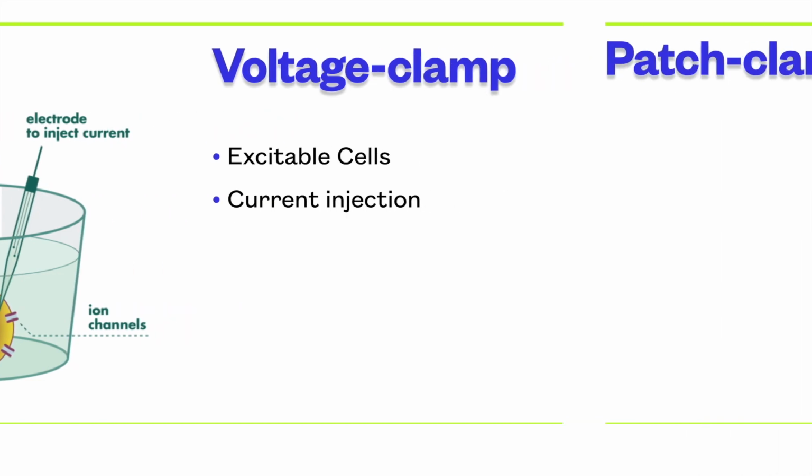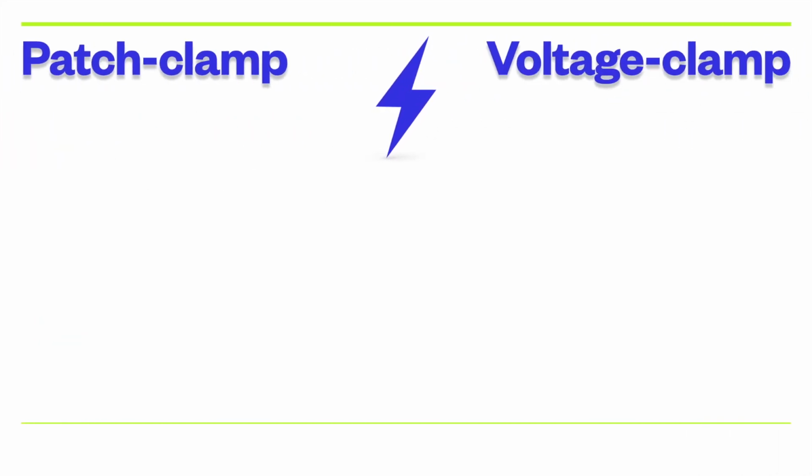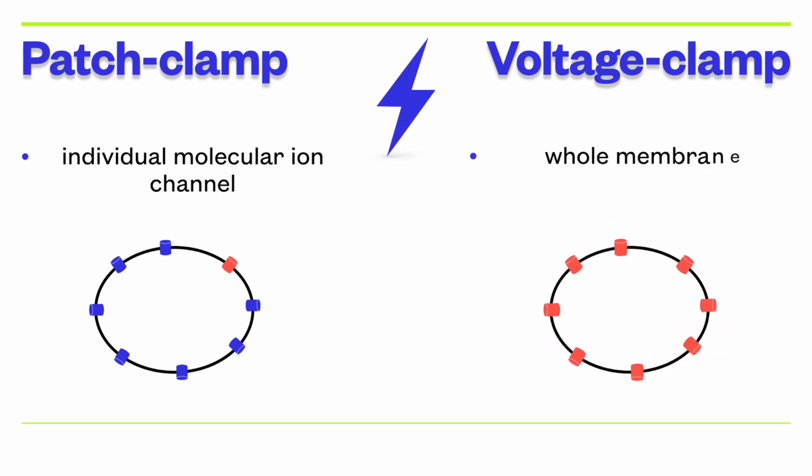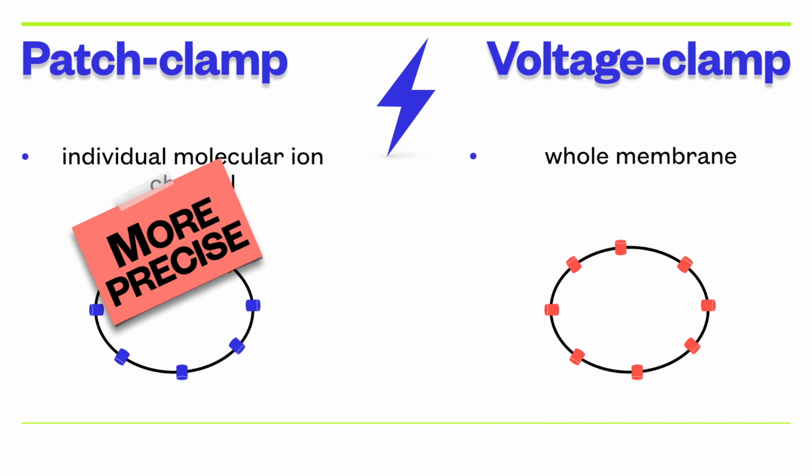The difference between patch clamp and voltage clamp technique is that the first one allows scientists to see the activity of individual molecular ion channels, while voltage clamp is used to study the whole membrane. So, although both configurations allow to draw conclusions about the conductance, patch clamp made it possible at a smaller scale.